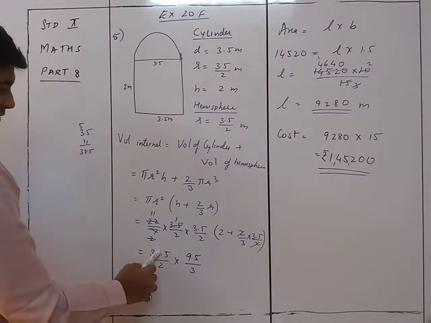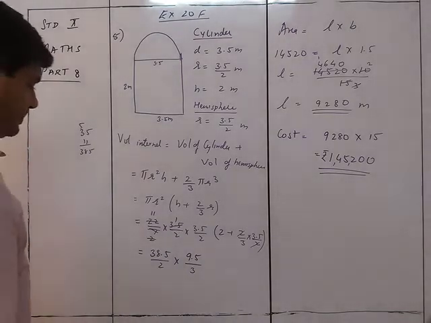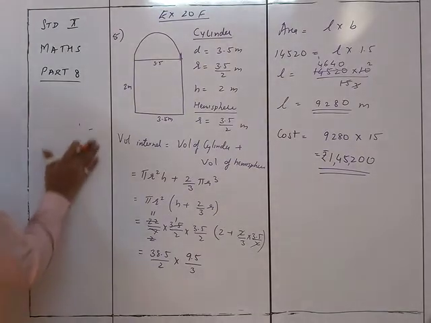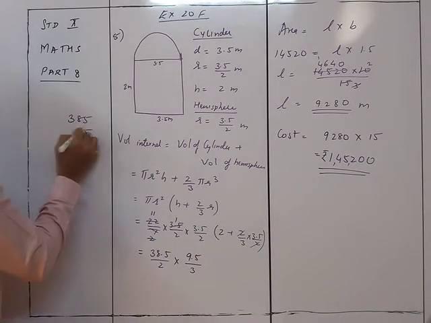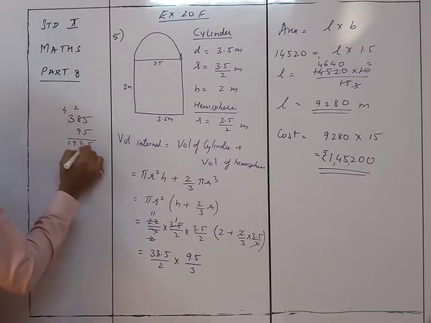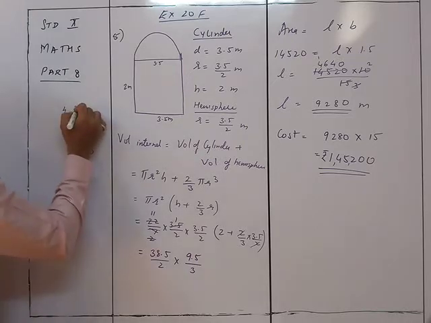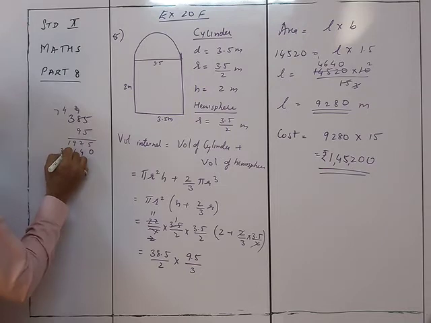It doesn't matter, we directly multiply, so it is 385 into 95. 5 5s are 25, 5 8s are 40, plus 2 is 42, 15 plus 4 is 19. 9 5s are 45, 72 plus 4 is 76, and 27 plus 7 is 34.